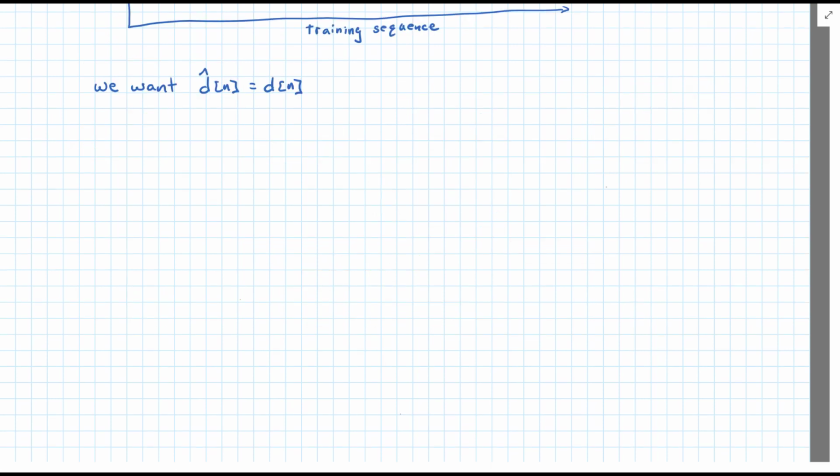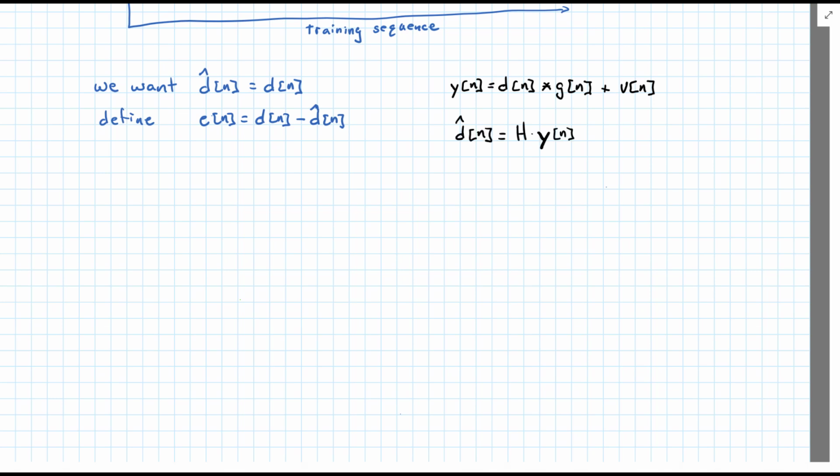Okay, to summarize, we want d hat of n to be equal to d of n, so we're going to define an error as d of n minus d hat of n. That makes sense. Y of n we can write in terms of what we know. Y of n is equal to our transmitted sequence convolved with the channel response plus the noise. And then d hat is going to be our filtered version.